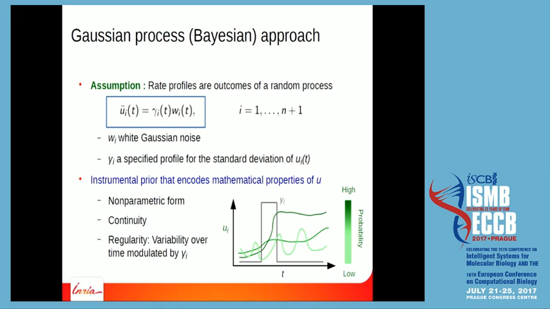It's a purely stochastic description, which, however, will in any case lead to continuous profiles of u, and we may tweak the expected regularity of this unknown input. How? Here I have a little plot. You see that we have a probability scale here from less probable profiles to most probable profiles. Here you have this over time. You have this gray line that is our tunable factor gamma here.